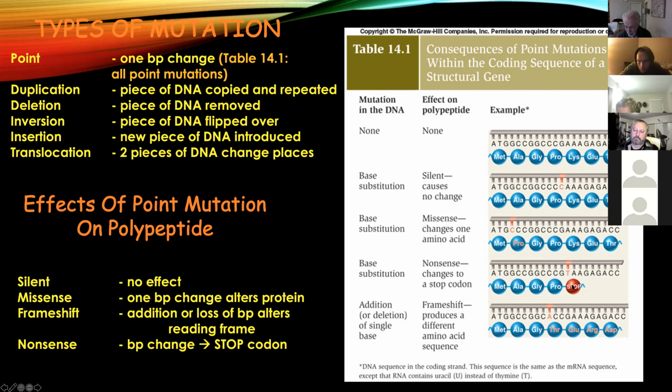So the polypeptide stops at this point, and what's left is probably inactive. And finally, a frame shift, where the mutation is this A. Everything after the point of the frame shift is different, all different amino acids. And again, it's probably such a drastic change that the protein is inactive. Okay, so this is an important slide. You should know all the different types of mutations and what their effects are.